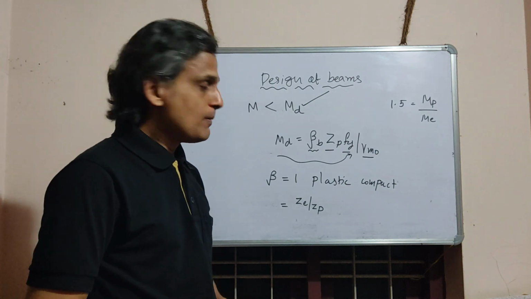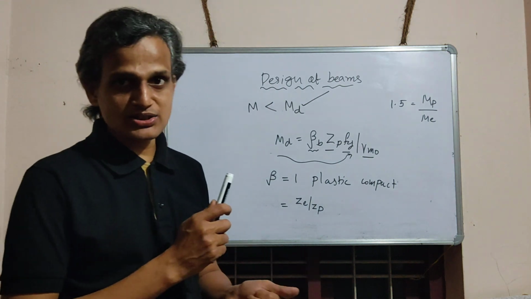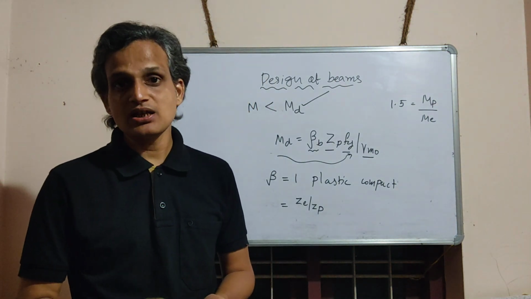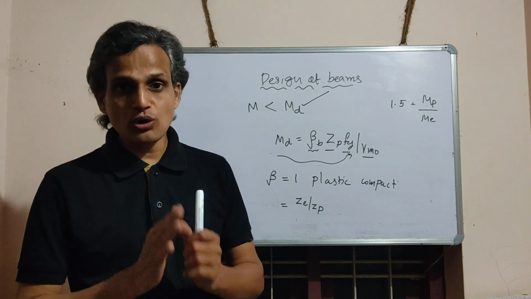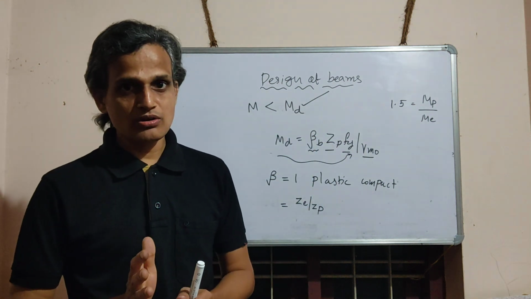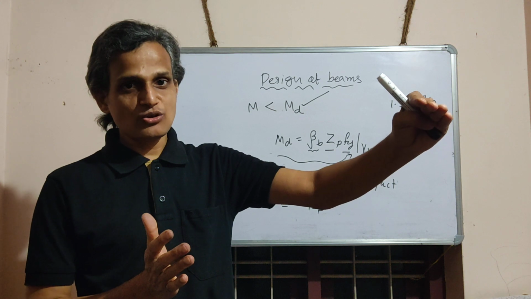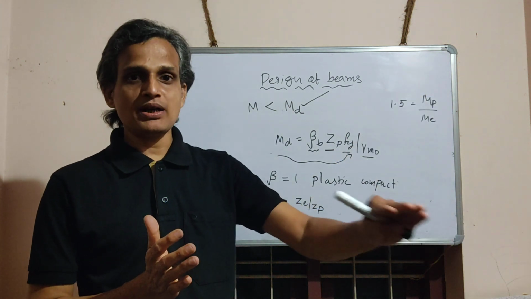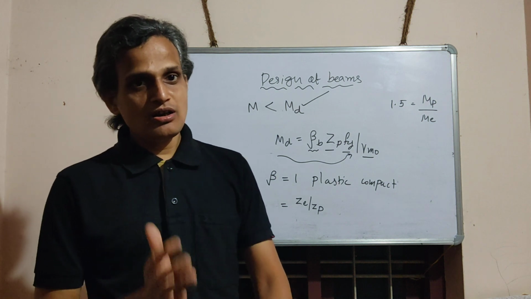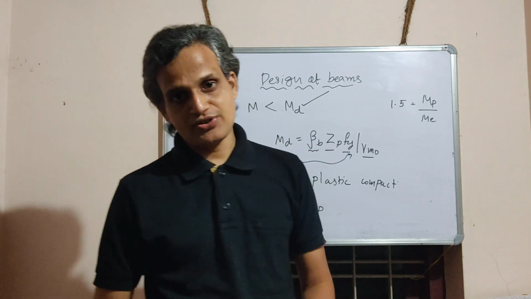Now, besides plastic sections, compact sections and semi-compact sections, there is another classification which is called slender sections. It is always advised to avoid slender sections. The best one is plastic, next is compact, then semi-compact. The most avoidable case is slender sections.